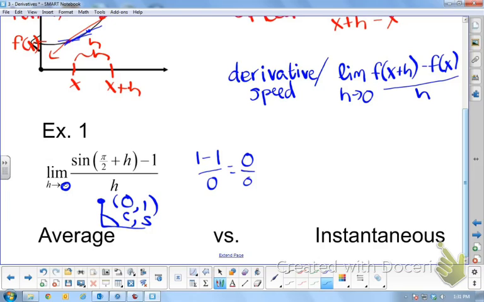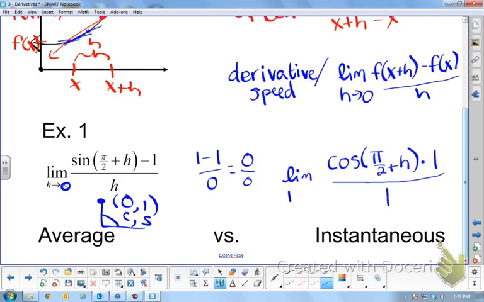H is our variable because H is approaching 0. So we'd have the derivative of the outside evaluated at the inside times the derivative of the inside. What's the derivative of the inside? 1, all over 1. We're still doing the limit as H approaches 0.